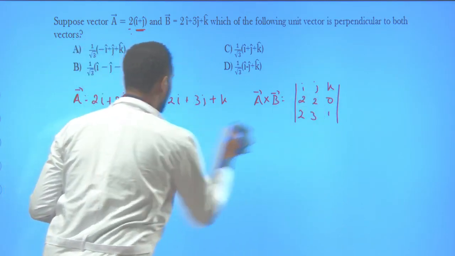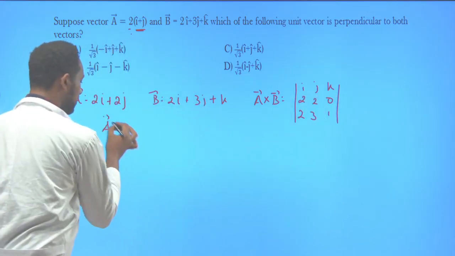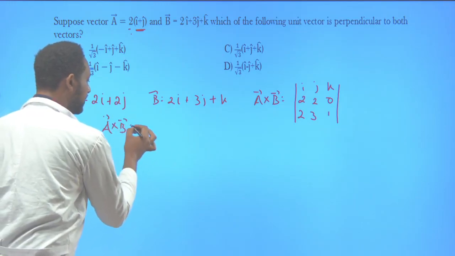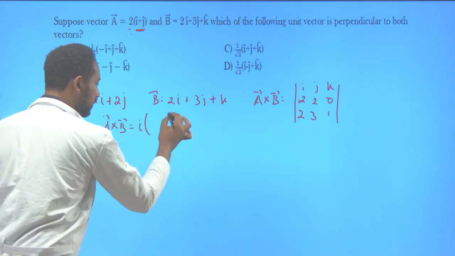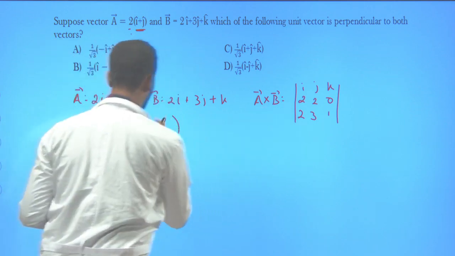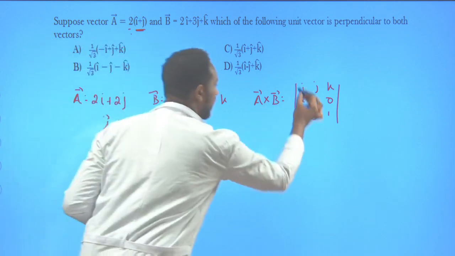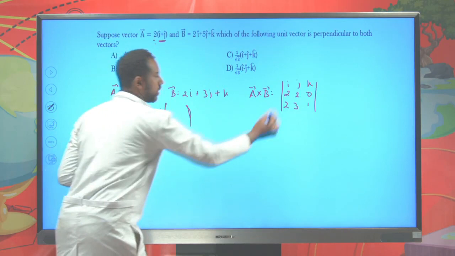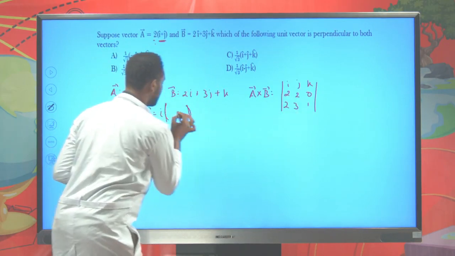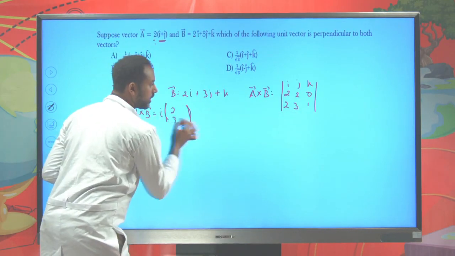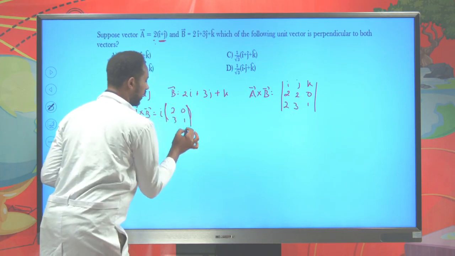To determine the components of the cross product of these two vectors, first take i and eliminate its row and column. You're left with 2 and 3 in the second row, and here we have 0 and 1.